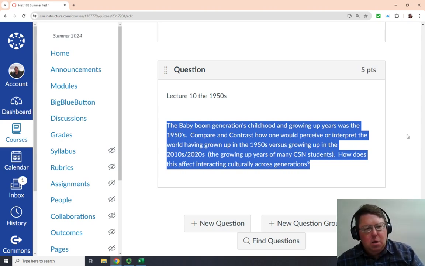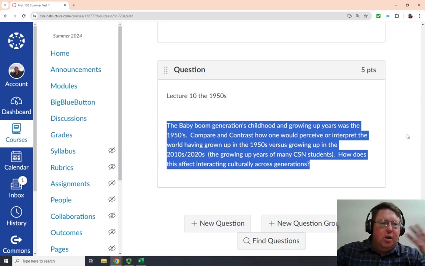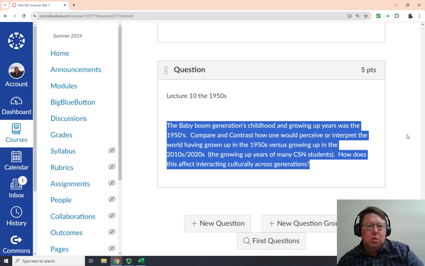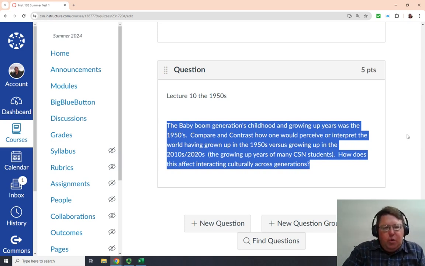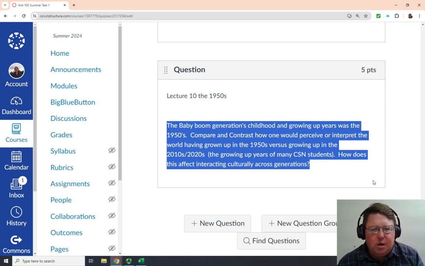Idyllic? So look at nostalgia. Think about the growing up years and how it'll affect how you view the world, how you might view the world differently. And so you can talk about that.